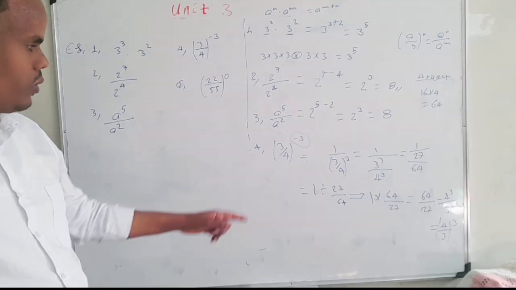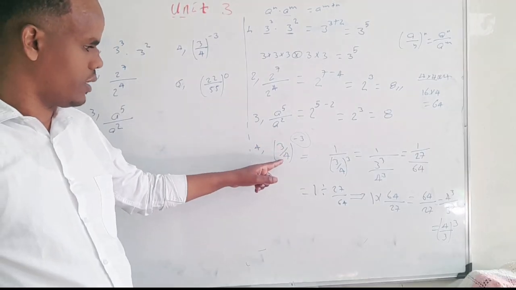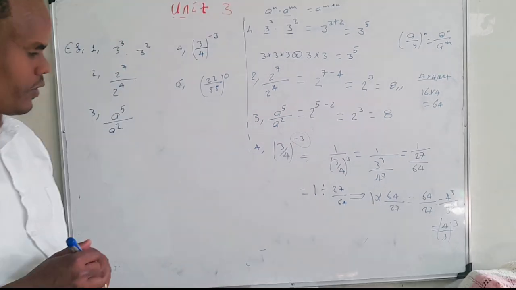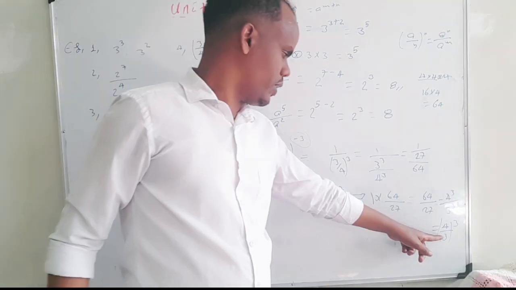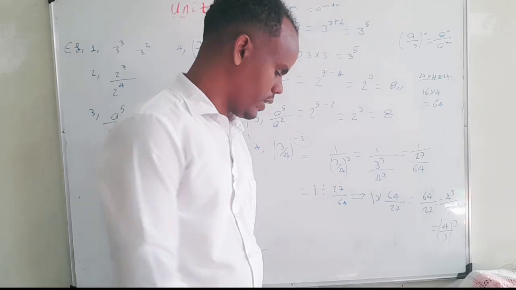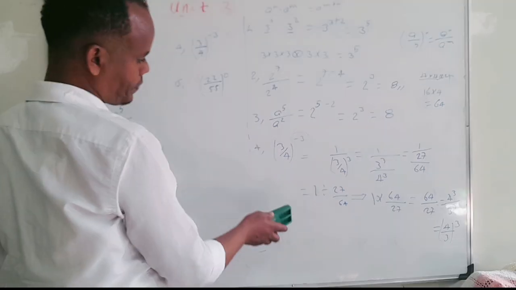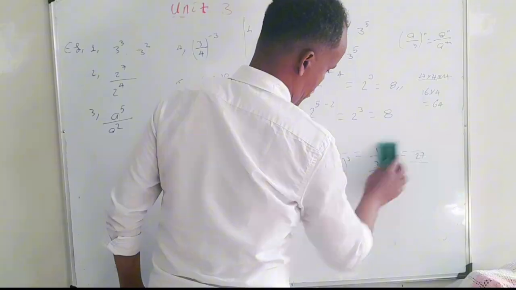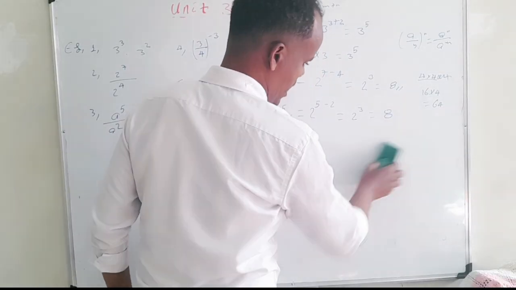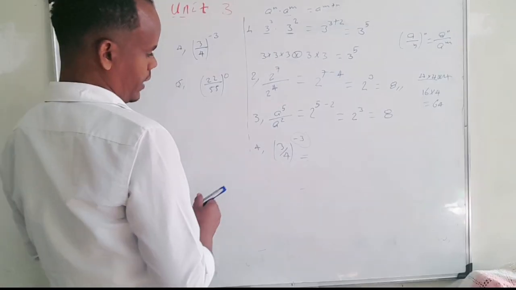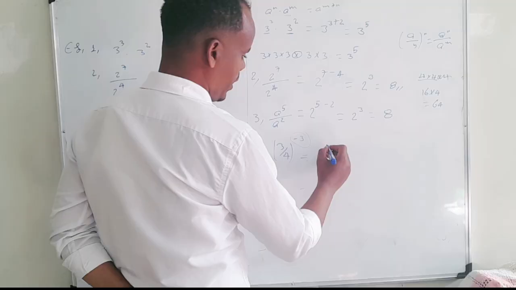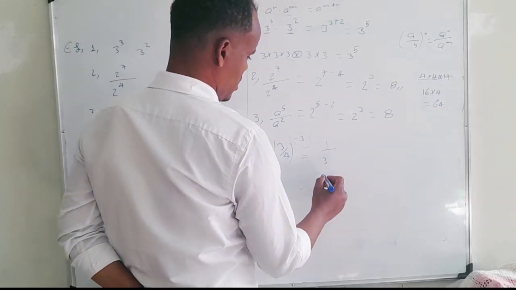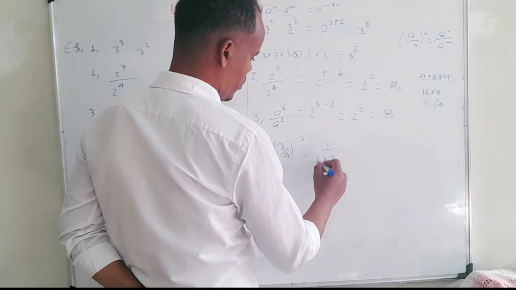That is (4/3) to the power of 3. So 1 over (3/4) to the power of 3 is (4/3) to the power of 3.